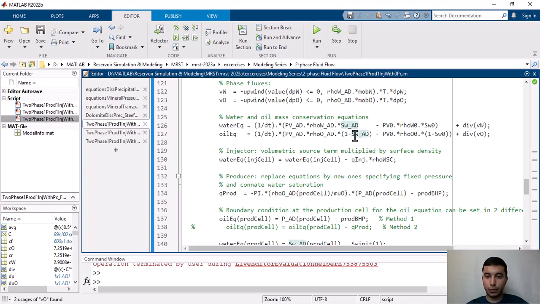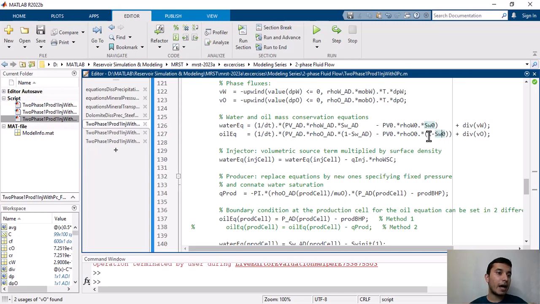Why do I need to use oil saturation here? Because this is the oil equation, and I need to use the oil saturation in this equation. All right, like this, I've used the oil density. Here I have used the oil flow rate, and like them, I need to use the oil saturation here.